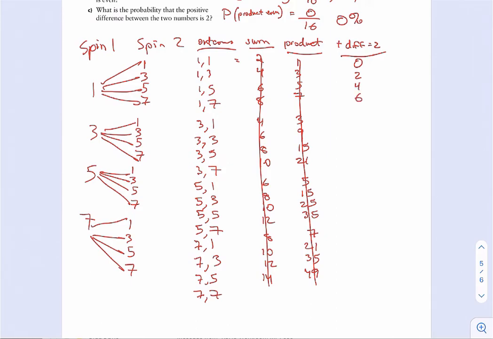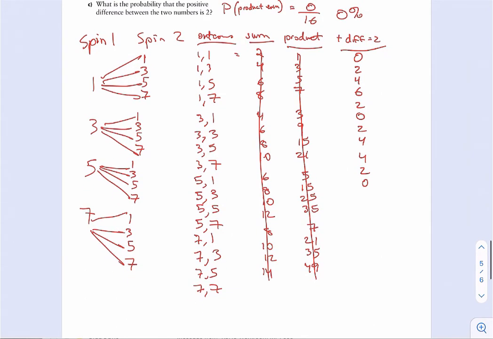Now 3 subtract 1 is 2, 3 subtract 3 is 0, 5 subtract 3 is 2, 7 subtract 3 is 4. 5 subtract 1 is 4, 5 subtract 3 is 2, 5 subtract 5 is 0. Now we switch it so it's 7 subtract 5, and that's 2.